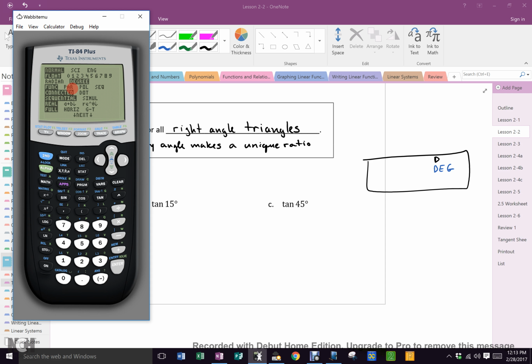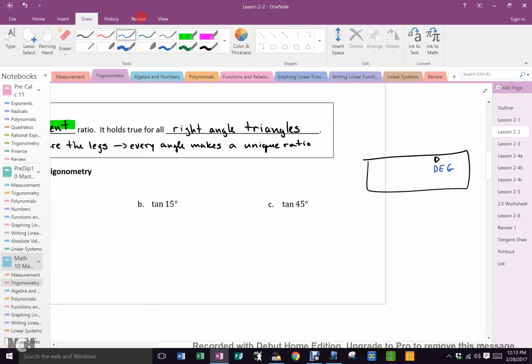Cool. So you can push clear. You're set. Everybody else, D or D-E-G. Is there anybody that does not have D or D-E-G right now? You have either an R or the word rad or a G and the word grad.